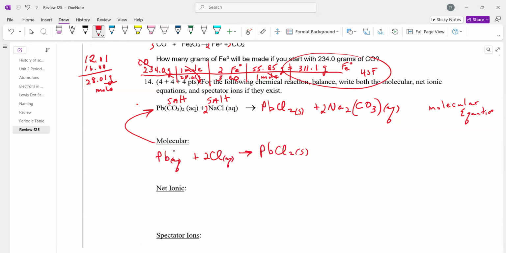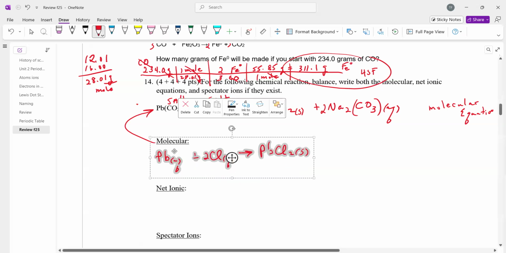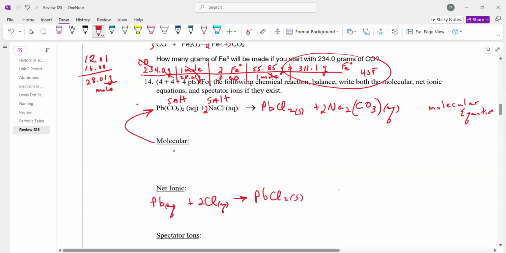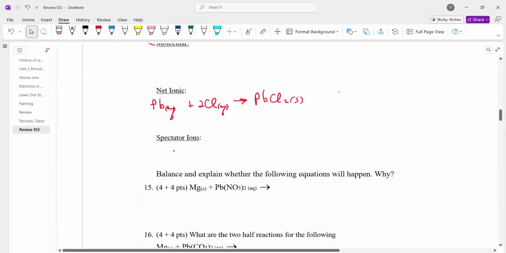Okay, so that's the net. And what are the spectator ions?